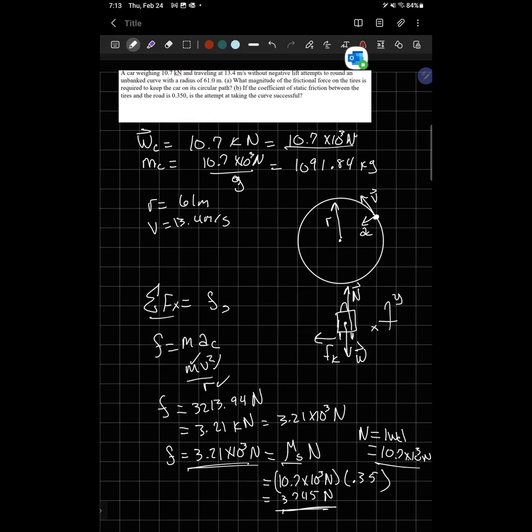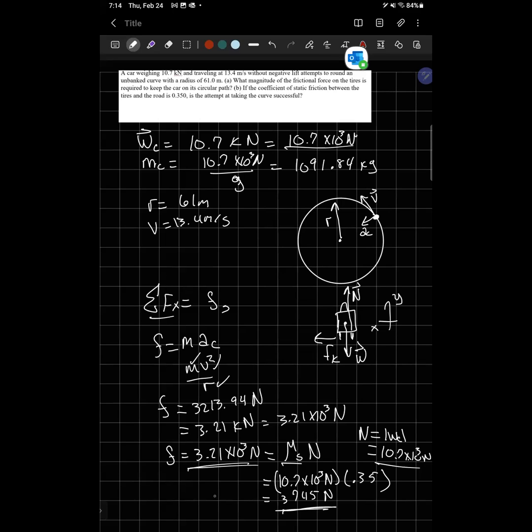We're not really sure. Okay, so I'm a little concerned. Is 3,745 equal to 3,213.94? I couldn't tell if that was a 7 or a 2, but no, those are not equal.